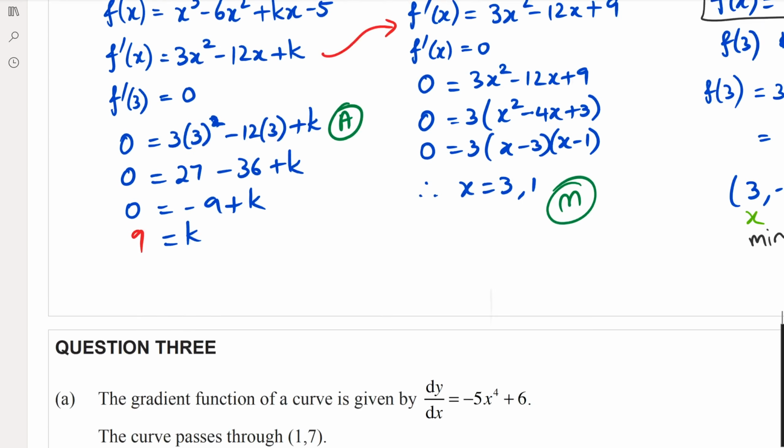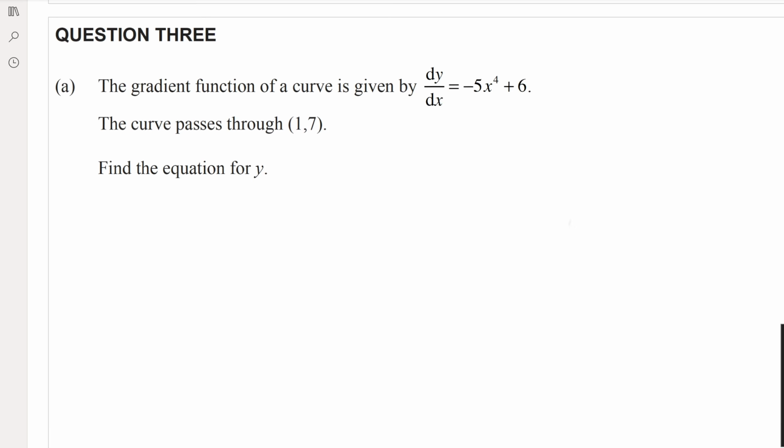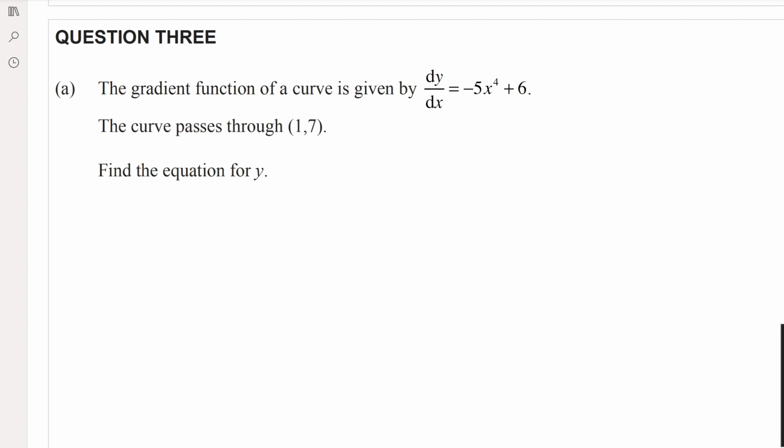All right, guys, let's go to question 3. We have a gradient function, which is already given, and it says the curve passes through (1, 7). So I'm going to write this as f of 1 equals 7, and we have to figure out what the equation for y is. So we have to integrate this function.